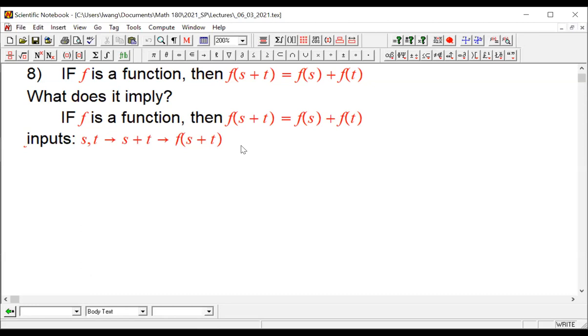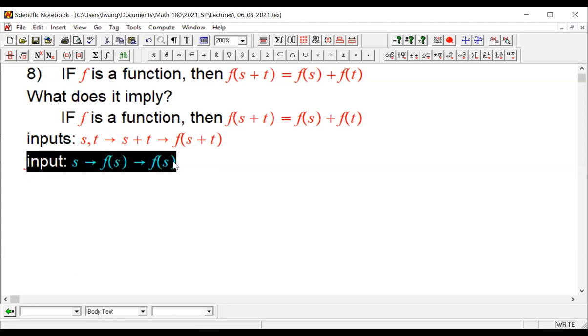And that's how the left-hand side operates. And the right-hand side, how does each one operate? Well, f of x operates, right? So the input is s. And then input to f, it produces f of s.